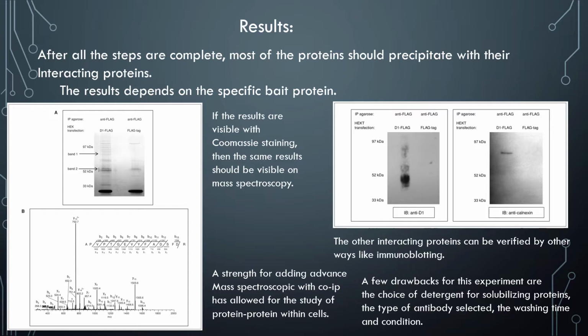And so you would see the protein that you're looking for. And the other interacting proteins can be verified by other means, like immunoblotting, like the image here on the right.